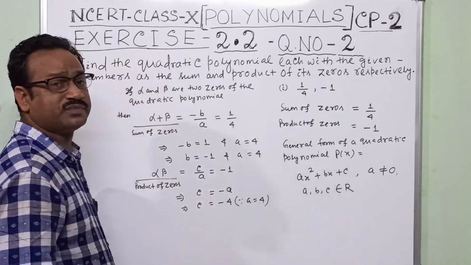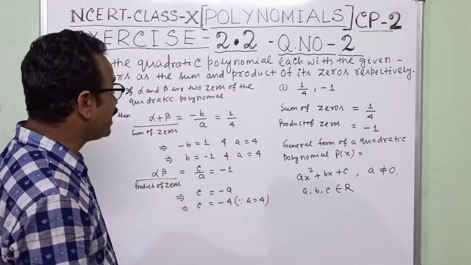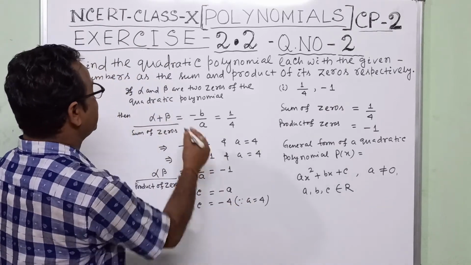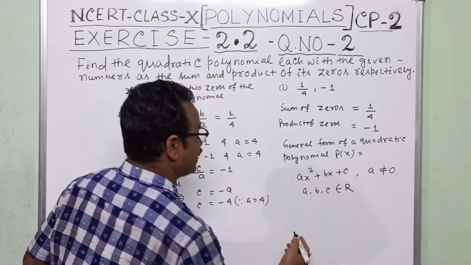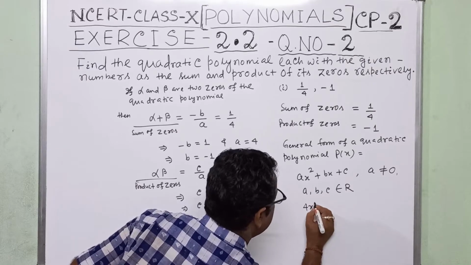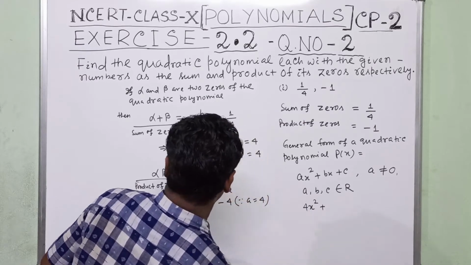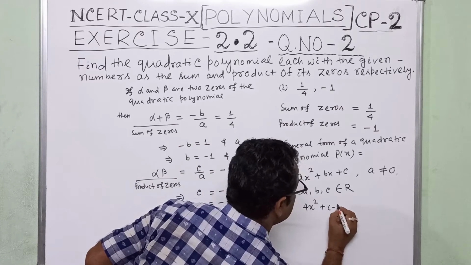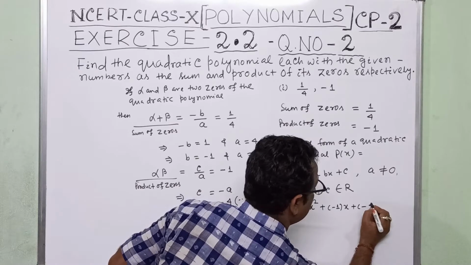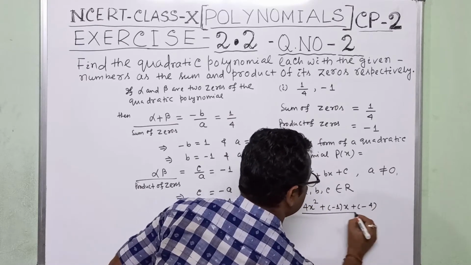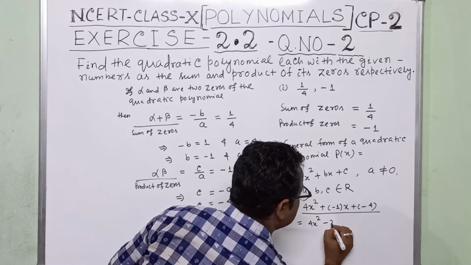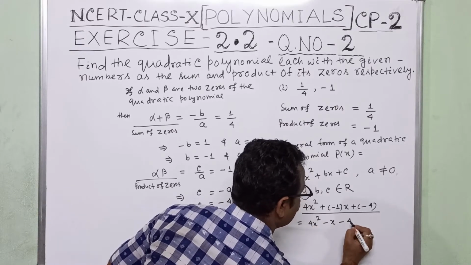Now we have a, b, c. So we have to frame the polynomial by using the values of a, b, c. ax square plus bx plus c: a is your 4x square plus b is your how much? -1 into x plus c is your -4. So this is equal to 4x square minus x minus 4.